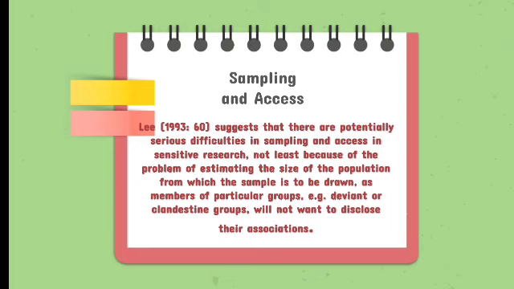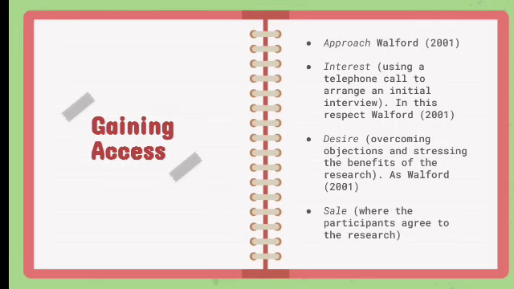Okay, next, gaining access. Wolford, 2001, pages 36 to 47, sets out a four-step process of gaining access. First, approach.